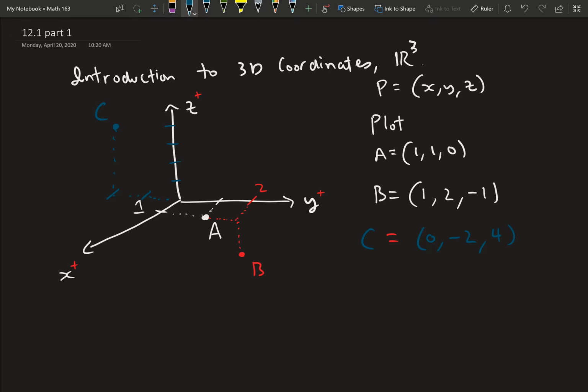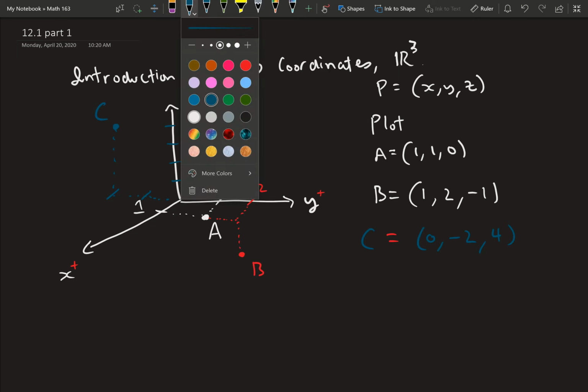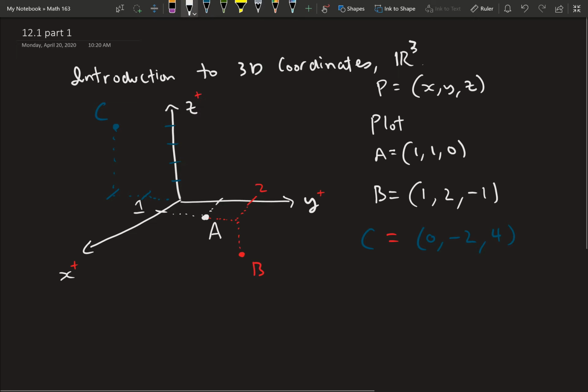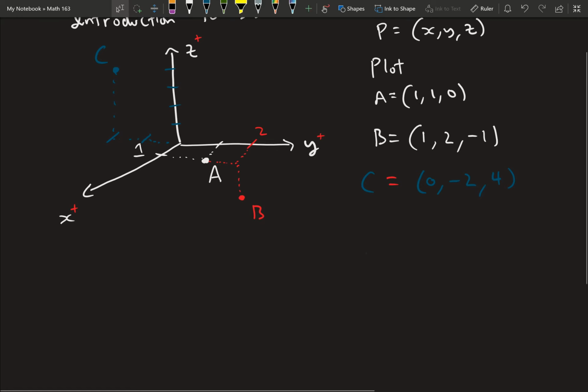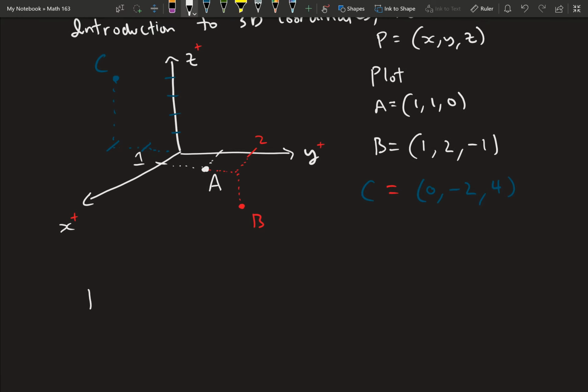The question is, how do we graph some basic equations? That's what we're going to do next. We start with points. And of course, a very important point here is the origin, (0, 0, 0). Forgot about that. From points, generally in R2, the xy plane, you will go to lines.